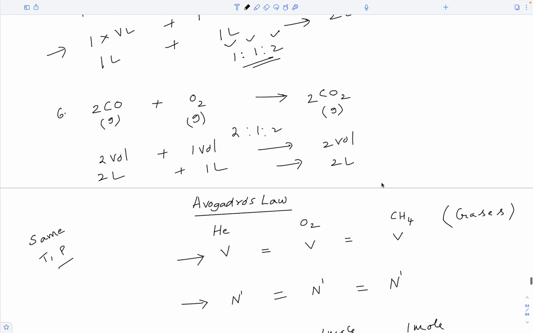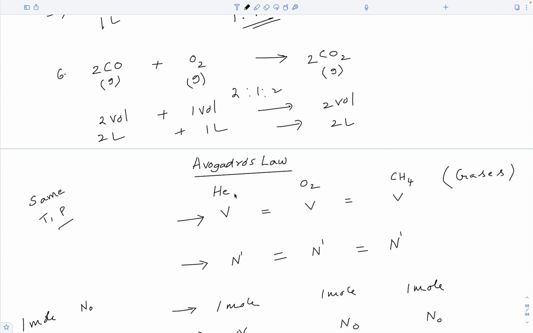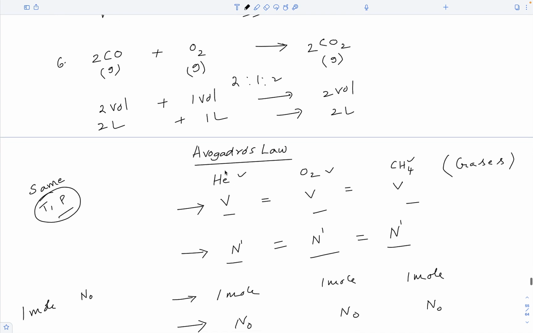As we just discussed, according to Avogadro's law, if you take equal volumes of different gases at the same temperature and pressure, they will have an equal number of molecules. But looking at helium, you would say it does not contain molecules. That is true. Helium is composed of helium atoms.